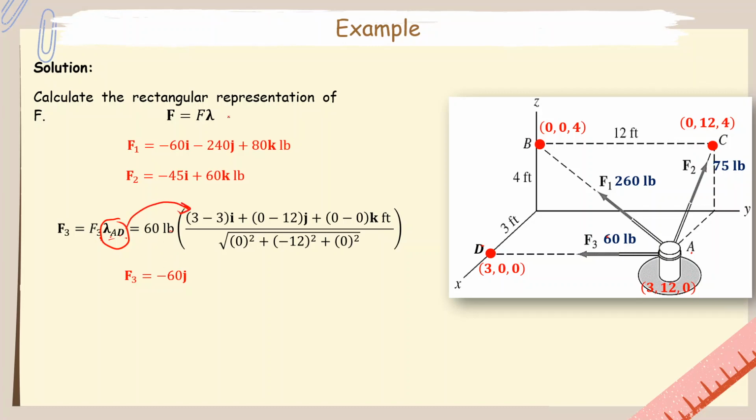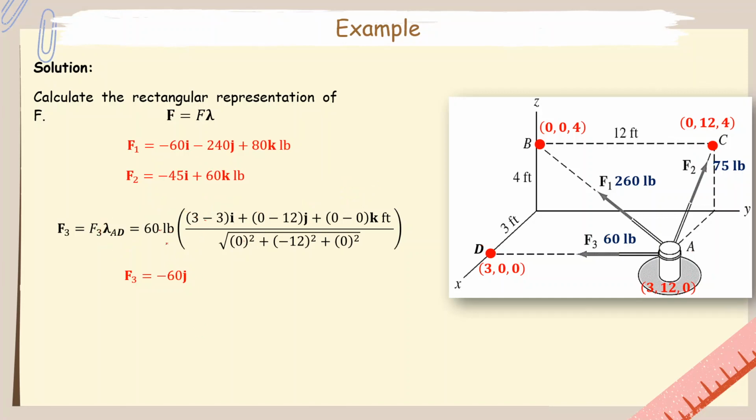Ito yung unit vector. So, ang first na value here, this is x component ni D minus x component ni A, I plus y component ni D minus y component ni A, J plus z component ni D minus z component ni A. Okay, and then, simplify, we can have F3 equal to negative 60J.